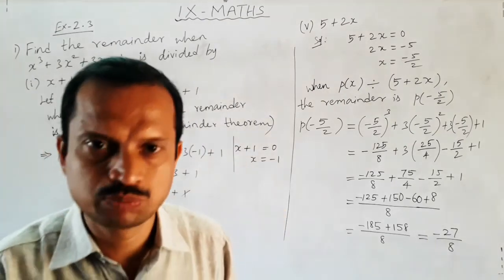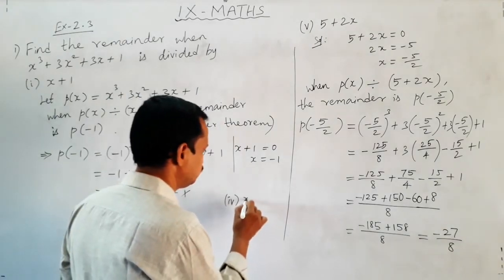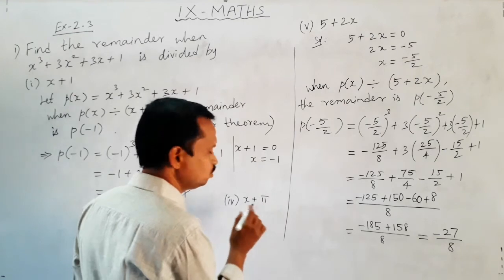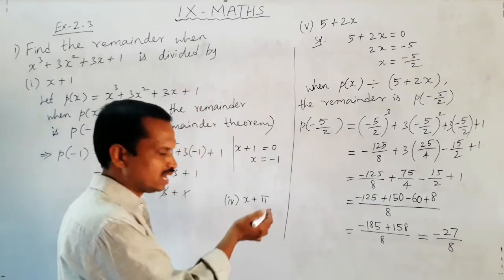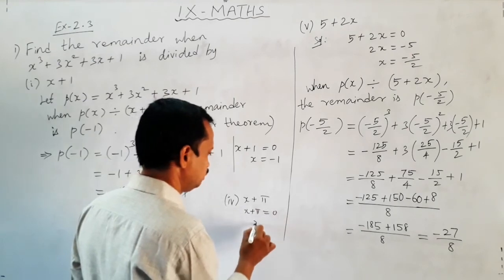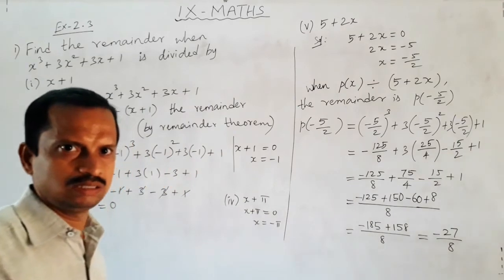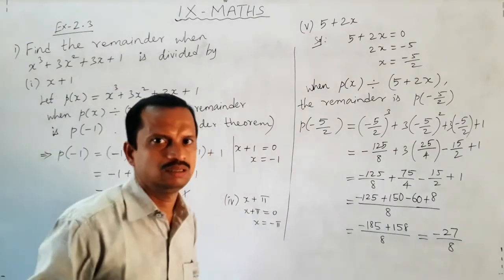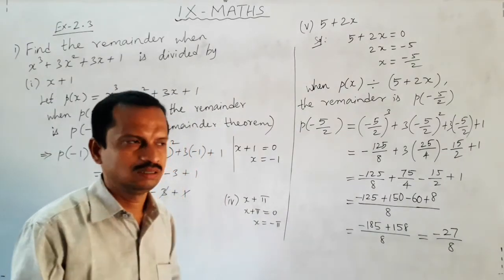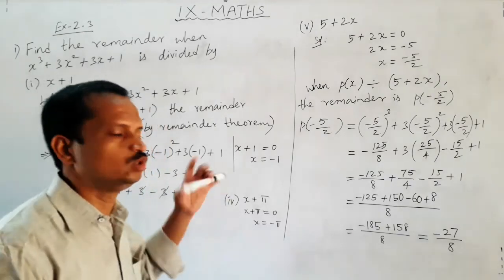And then option 4, it is given that x plus pi. So if you try to find the value of x, what you get? X plus pi equal to 0 and then x equal to minus pi. That's all. So you have to just substitute minus pi for x. So whatever it comes, you write. Okay. So that is the way of doing.